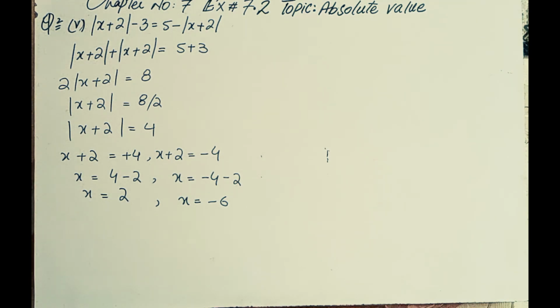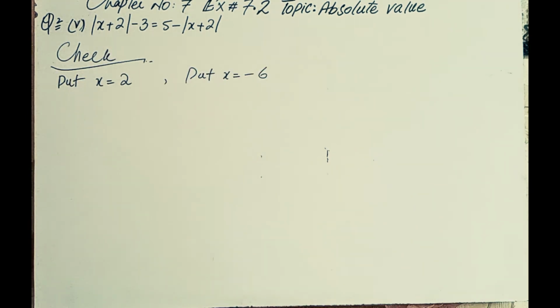But now we will have to check these. So we will erase this first. Okay, now we are going to check this. We have the two values of x, 2 and -6. First we will put here 2.